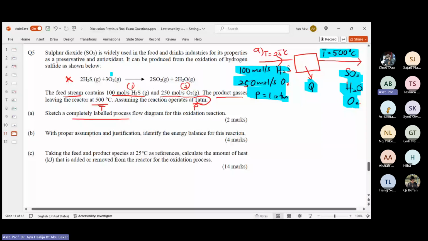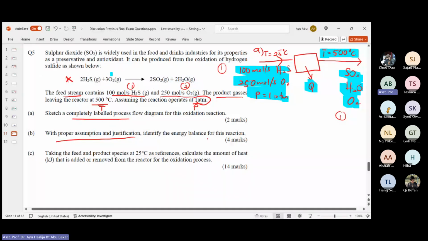Assume STP, 1 atm, T 25 degrees C. Okay, so this is to answer part A. 1 mark for the inlet stream, 1 mark for the outlet stream, 2 marks over there. Okay, for B, with proper assumption and justification, so you must assume and justify.